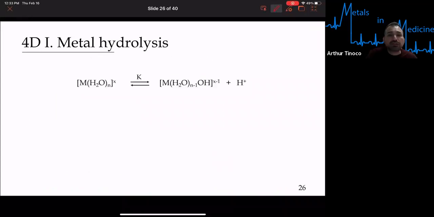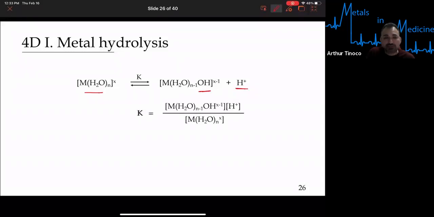All right, so let's look at this with a little bit more context, the metal hydrolysis event. Here we're looking at n aqua ligands on a metal, and then we have the release of a proton from one of the aqua ligands. Now we have the formation of the corresponding hydroxide bound to the metal center.